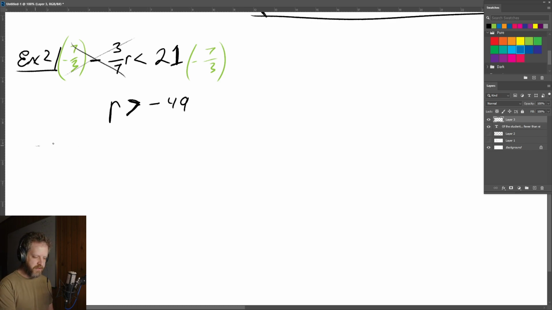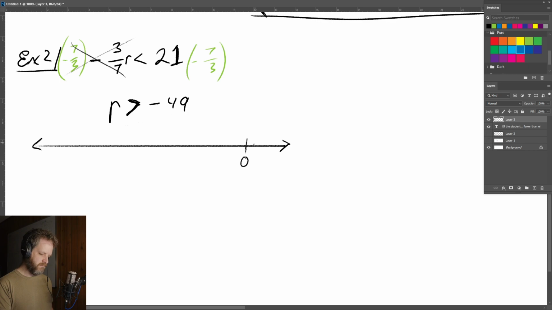We're going to go ahead and graph that solution. So we're going to draw our number line. We're going to put our 0. What do y'all want to count by? Sure. That's actually probably a really good idea. So negative 7, negative 14, negative 21. I probably made my tick marks too big, didn't I?